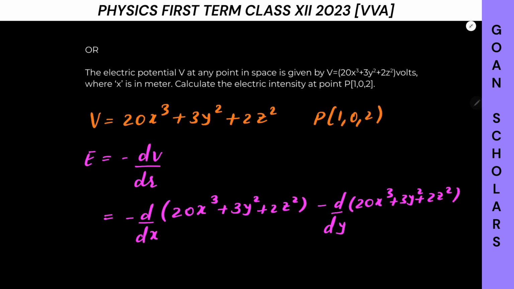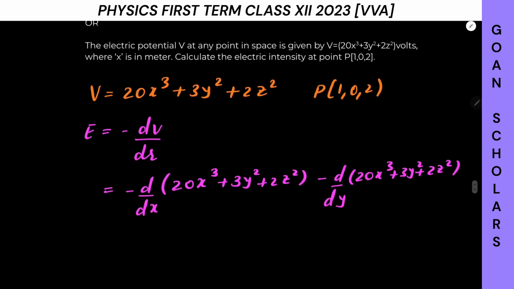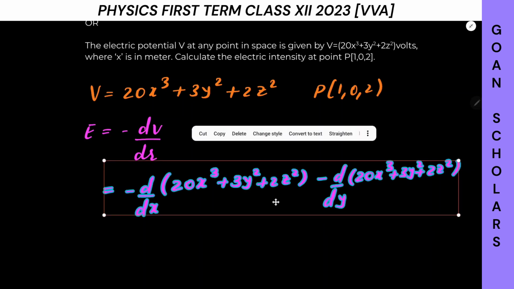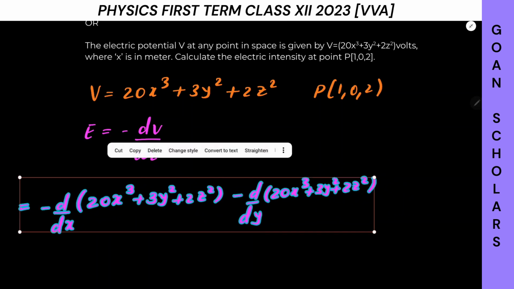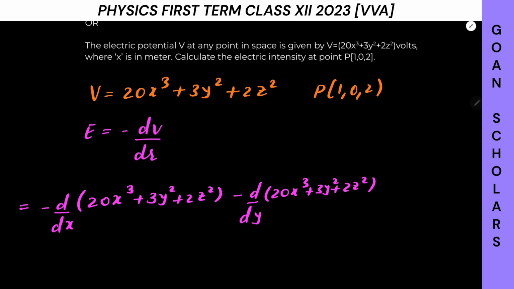Let me just take it on the other side so that we will have more space. And finally a minus d by dz of this whole function. So let me just write it, 20x cube plus 3y square plus 2z square, right?